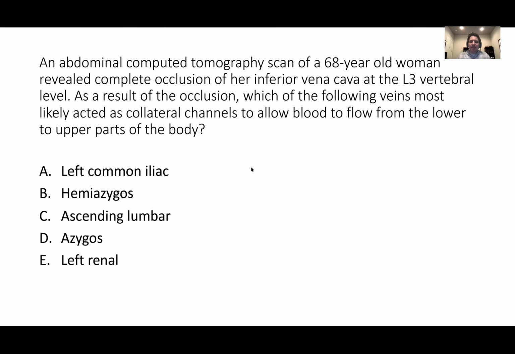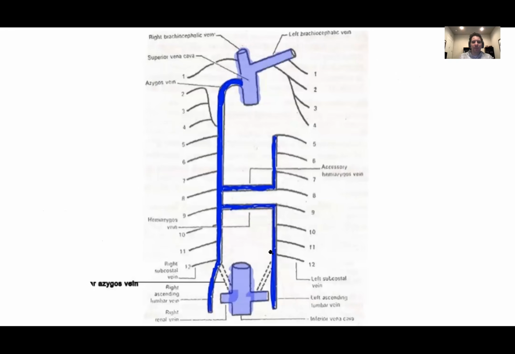All right, so what we're asking here is what's the collateral circulation, right? So you have a complete occlusion of the inferior vena cava. So how are you going to get blood from the lower body back up to the venous system? The ascending lumbar is going to be the vein that connects this common iliac vein to the azygous system. So this is an additional pathway if for some reason your inferior vena cava is occluded.